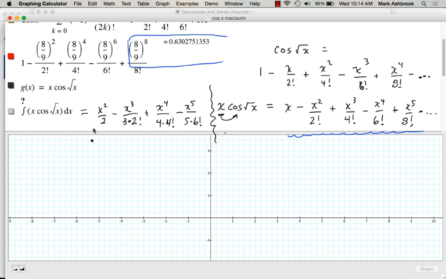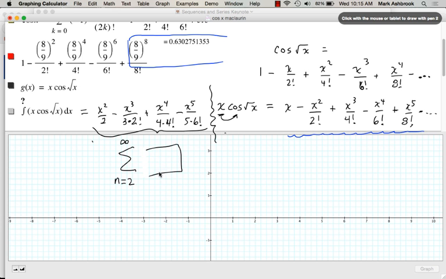And then if we wanted, we could work backwards and get a formula for the summation, right? So if we started with n equals 2, like this, what would it be? Anybody do this fast? So (-1) to the n, that looks right.